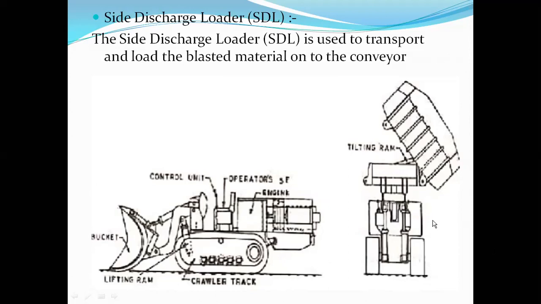So it has to take a complete turn, come completely toward the reverse, and only then can it unload the material onto the conveyor. Whereas this one doesn't require that kind of provision, because we can turn the bucket in the sideward direction to unload the material. That is exactly the advantage we get using SDL.